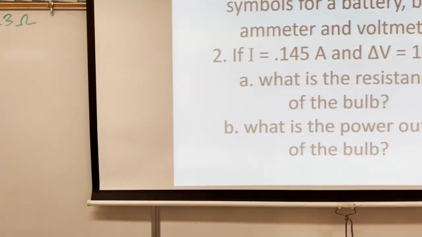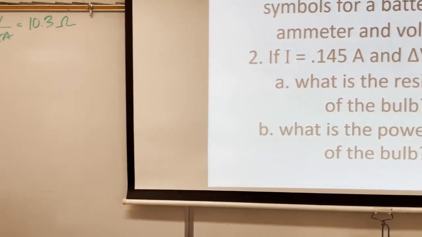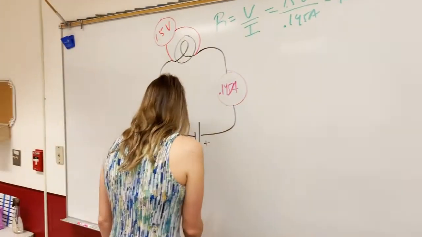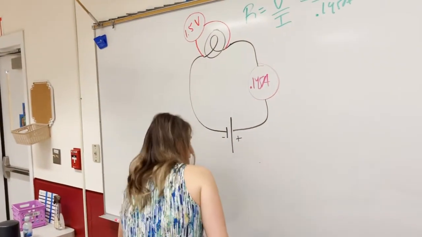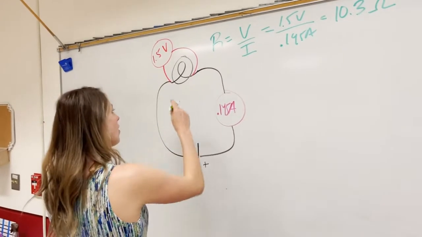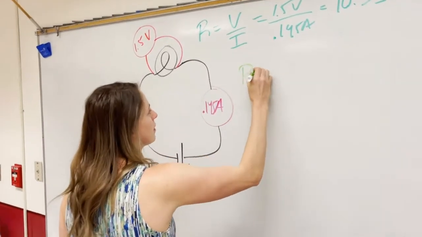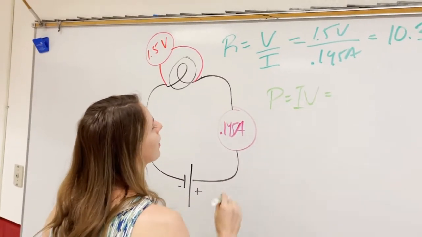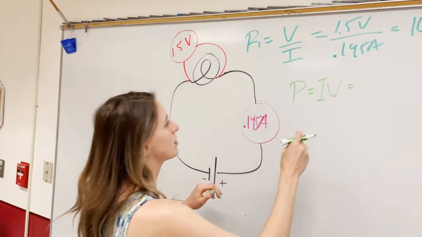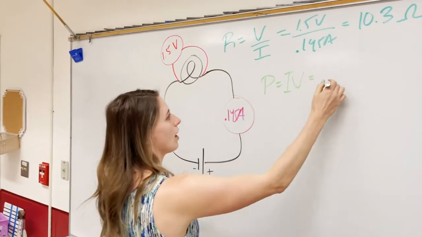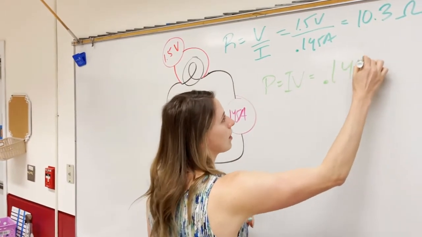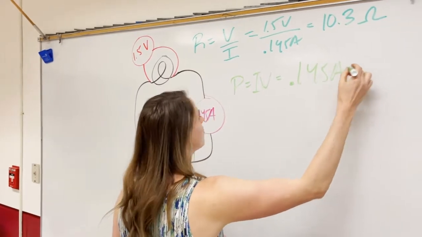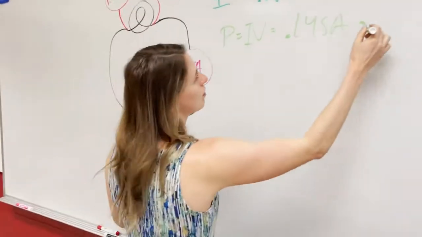What is the power output of the bulb? Power is, what's that equation for the power output of the bulb? Okay, so power was I times V, that's an I. Okay, so our current is 0.145 amperes times our voltage across that bulb, which is still 1.5, right?